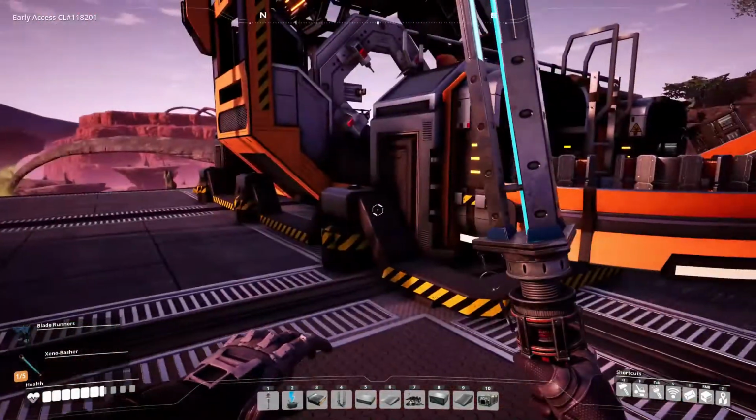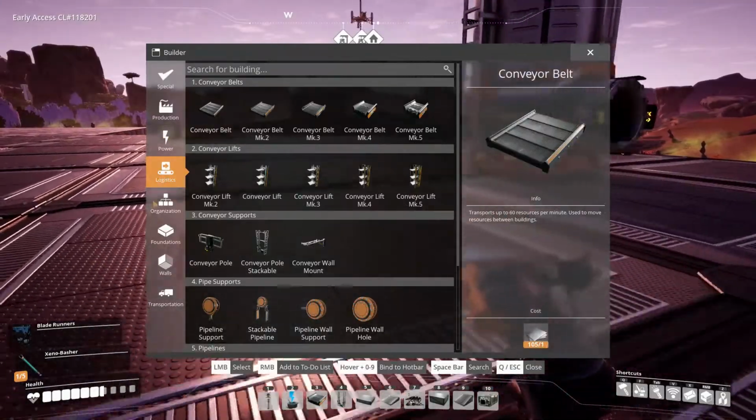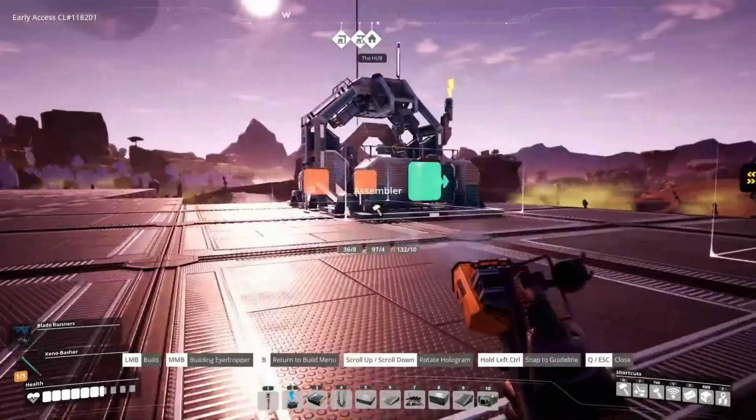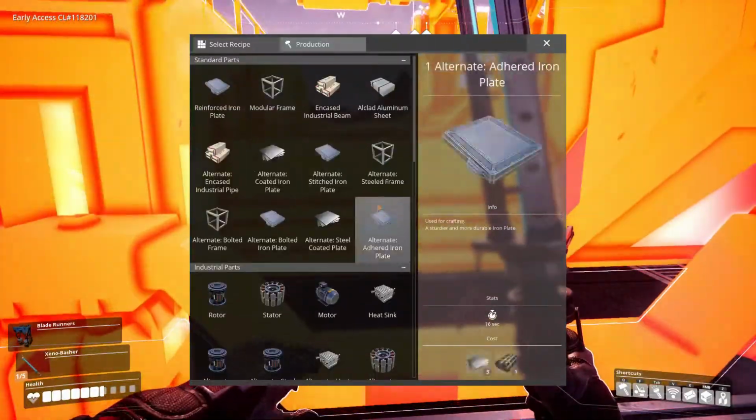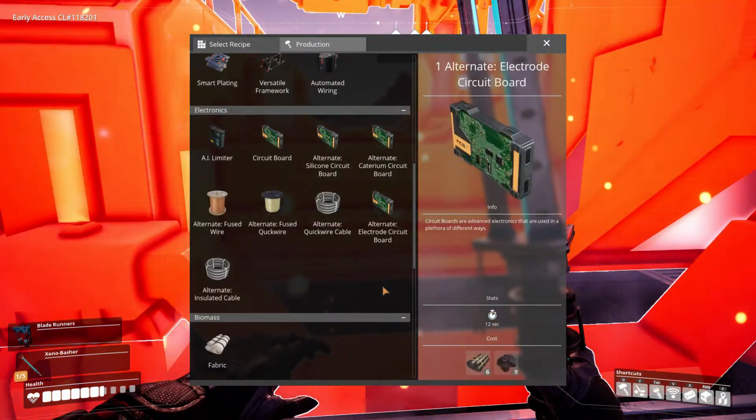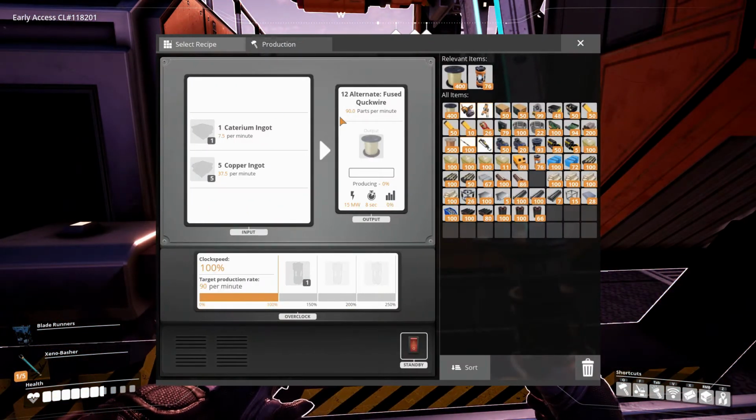And then we take the recipe for, I mean, I already know this, but the quick wire takes up the most space on the belt, right?